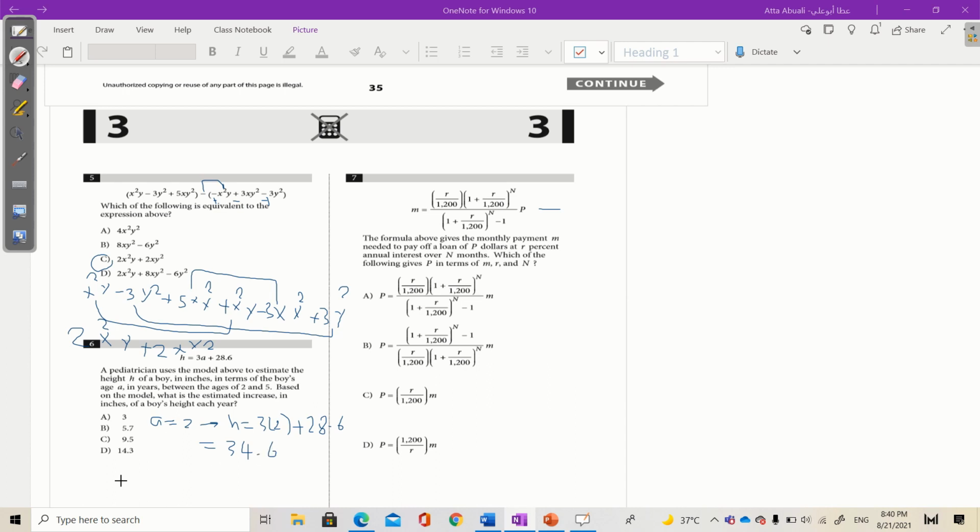If I put A equal to, for example, 3, h is equal to 3 times 3 plus 28.6.